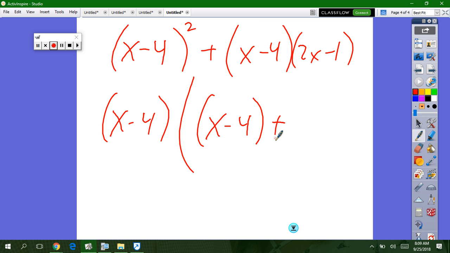What are these guys? What am I pulling out again? The x minus the 4, what's left over? And then notice, guys, can I simplify the inside if I needed to? What would that simplify down to be?